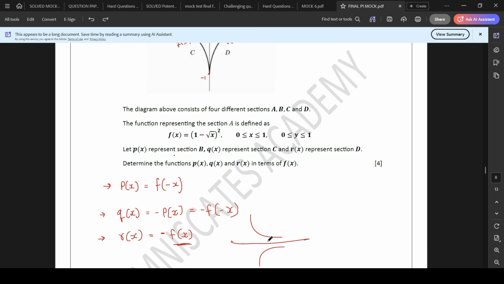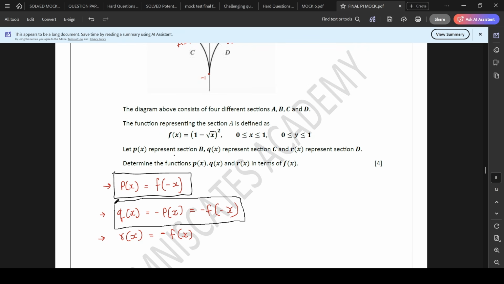That is how this graph goes from top to bottom if you have a minus sign outside. So these are the answers for this question. It's a quick question that tests the knowledge about reflections, and I hope this is clear now.